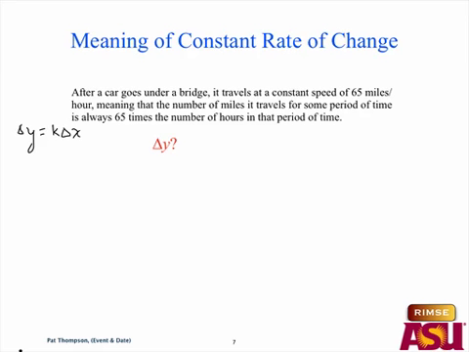What phrase or part of this paragraph is talking about delta y? And what phrase or part is talking about delta x? And then what's k? I'm going to underline and circle in a second. Compare with the person next to you. What in that paragraph is delta y? What is delta x? What is k? Take a minute or two. Talk with the person next to you.